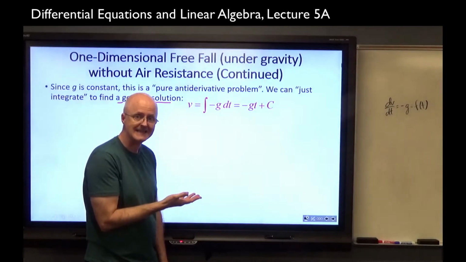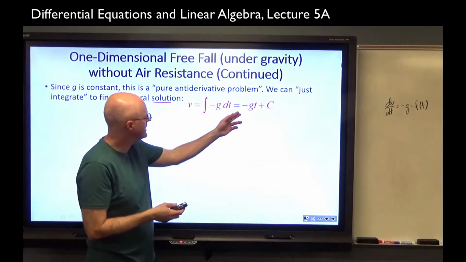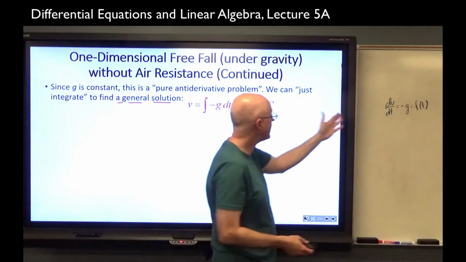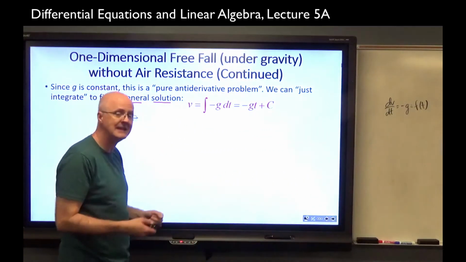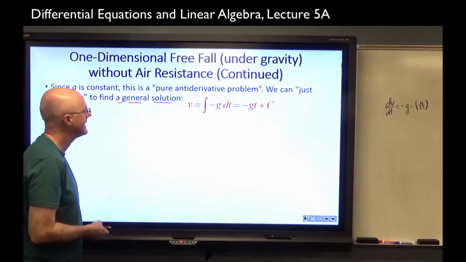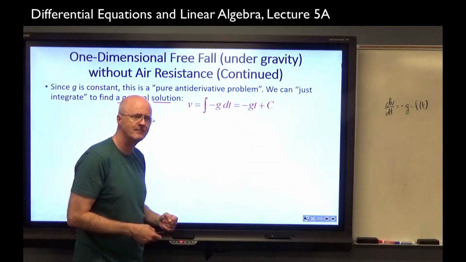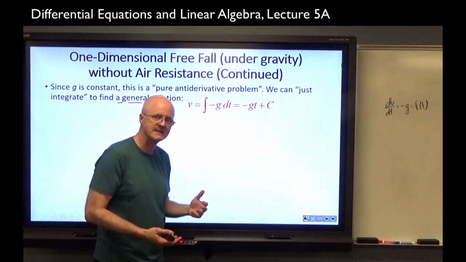No matter what c is, c can be anything. That's pretty obvious if you differentiate this with respect to t. If you find dv/dt, you are going to get negative g. No matter what c is, and in fact, no matter what t is. It also represents all possible solutions. Any solution of this differential equation can be put in this form for some value of c.